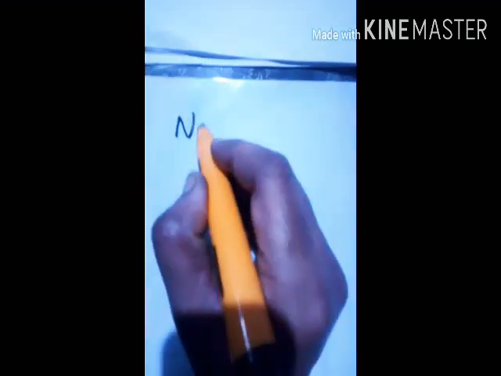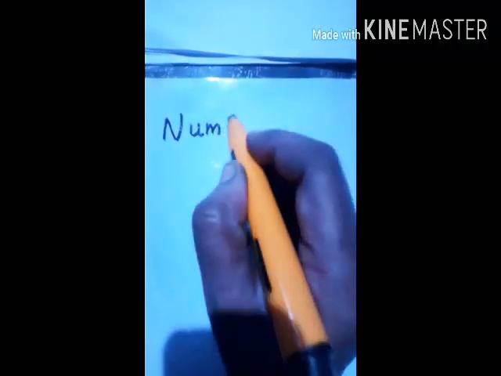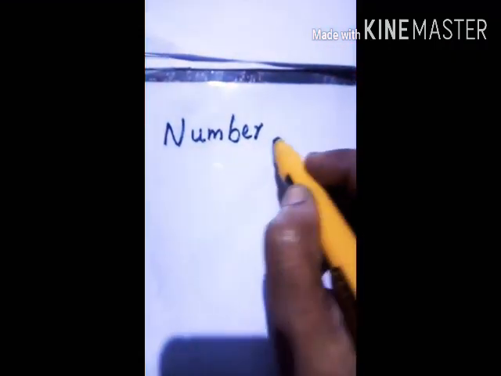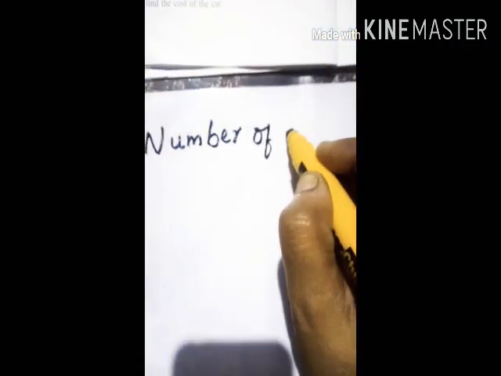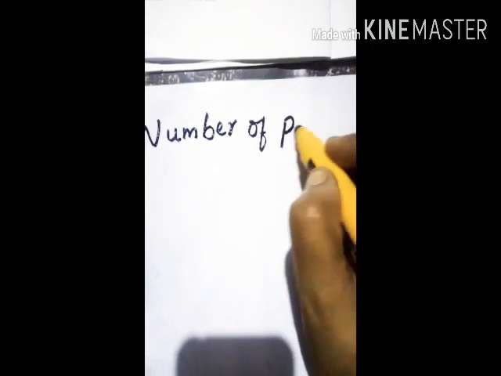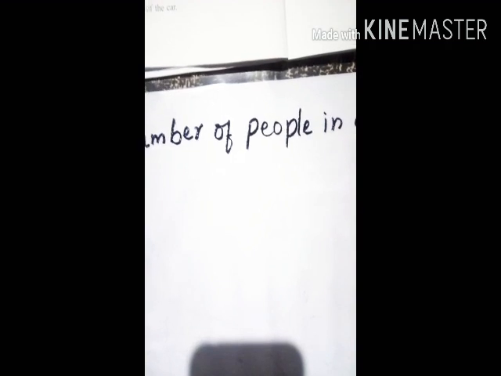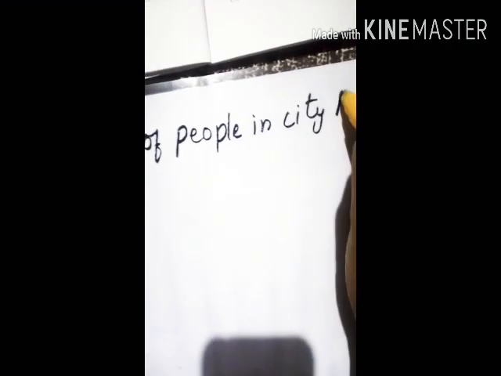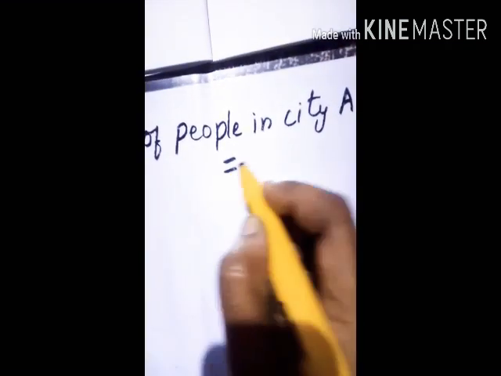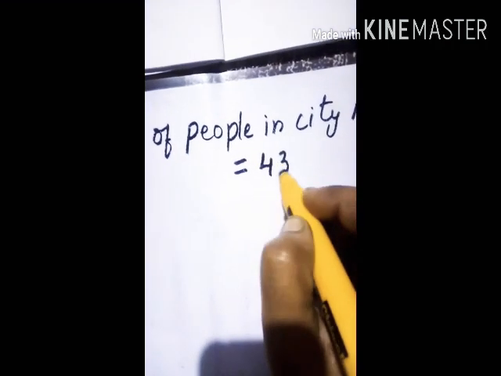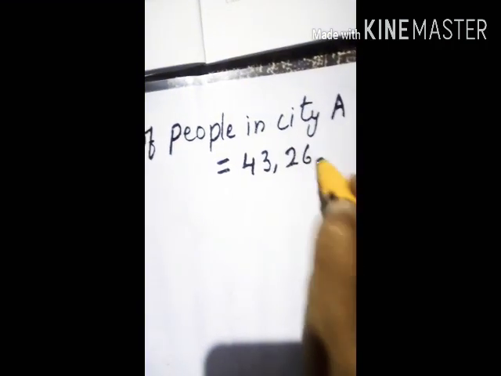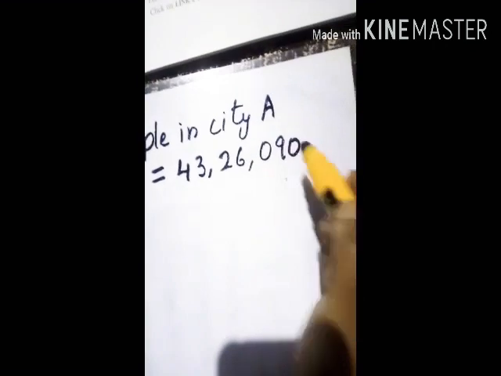First we have to write what is the total number of people in city A. So the number of people in city A is equal to 43 lakh 26,090.